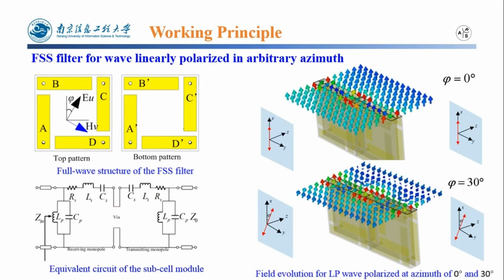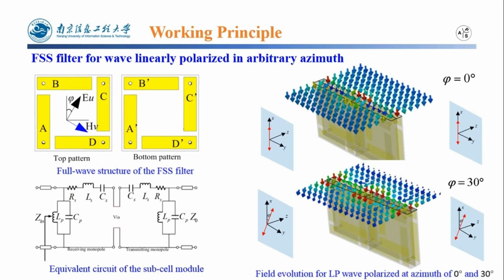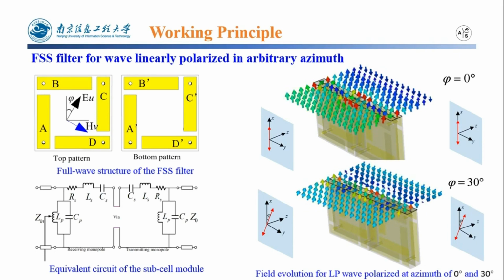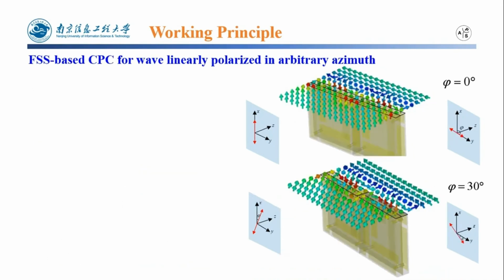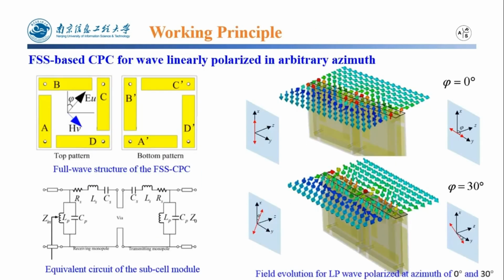The orthogonal components are independently responded to by the orthogonal subcells of the FSS structure, and then the transmitted wave is combined from the two transmitted orthogonal wave components. Such a principle makes both the FSS and the FSS-based cross-polarization converter polarization insensitive.